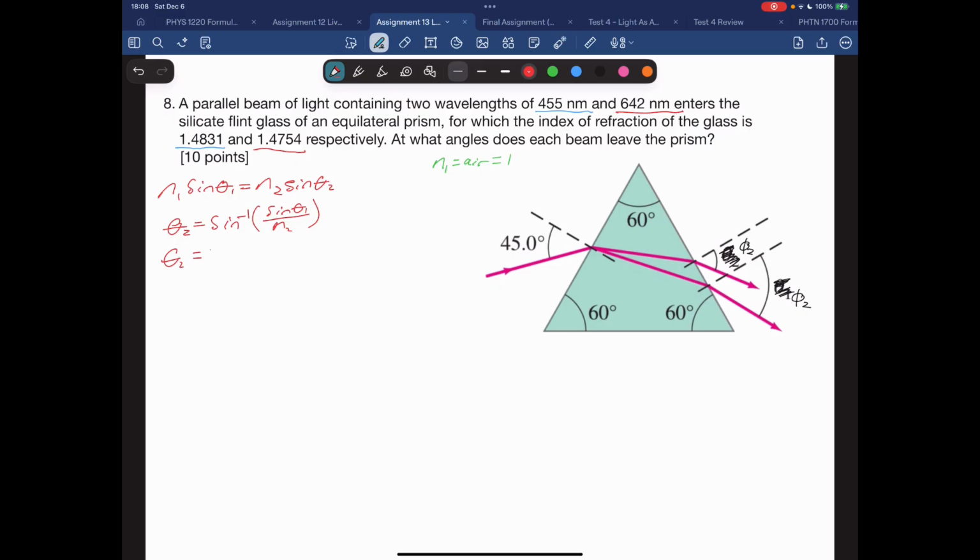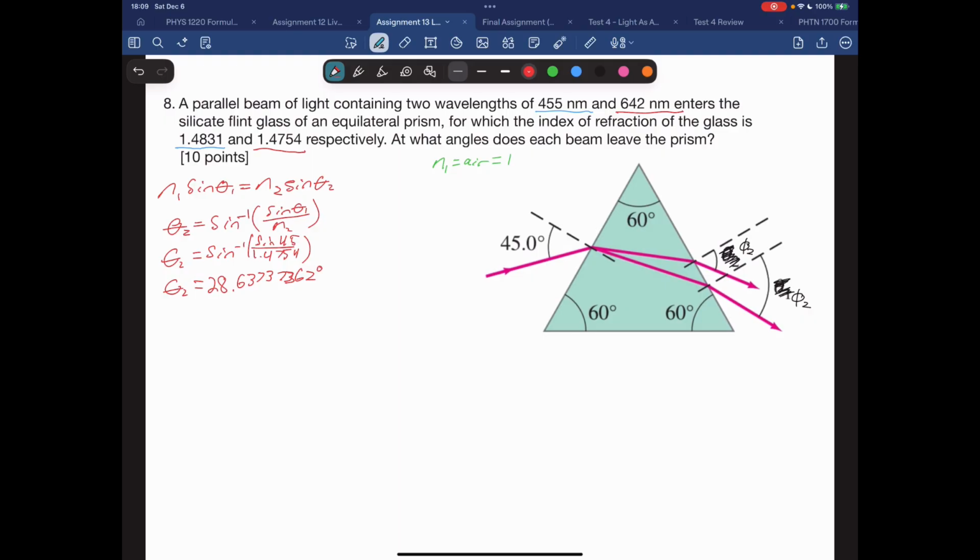Plugging in my numbers, this is the sine of 45 over 1.4754. And punching this in my calculator gives me something a little bit over 28. Gives me this number here.